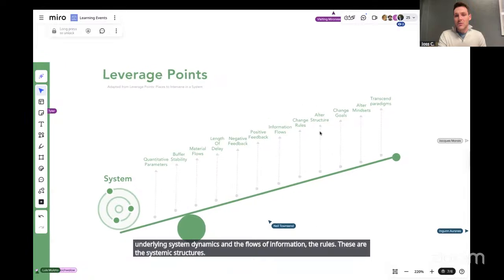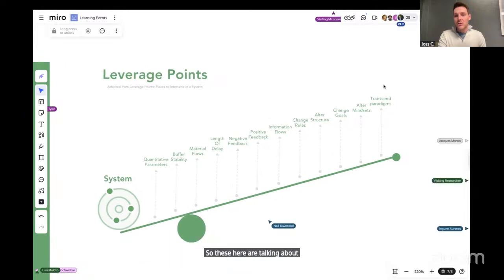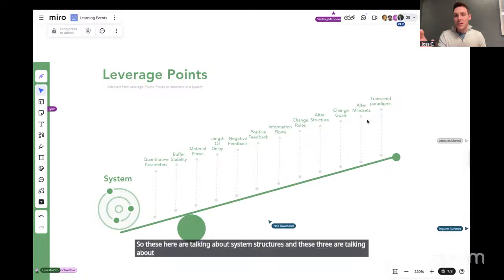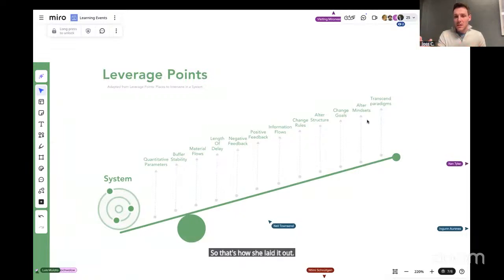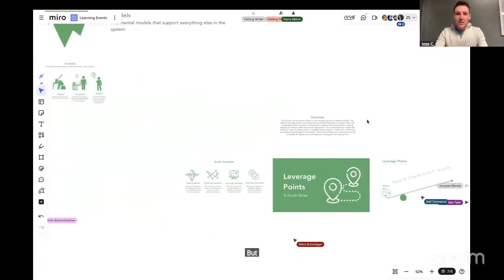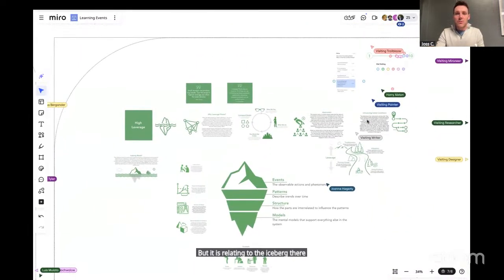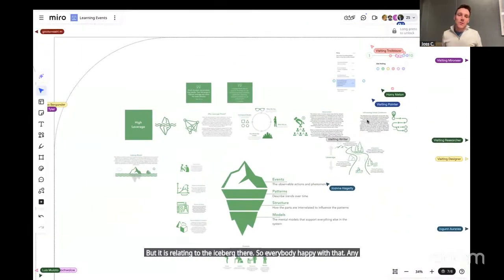So these here are talking about system structures, and these three are talking about paradigms, mental models, the goals of the system, and transcending paradigms, which is getting to values and so forth. So that's how she laid it out in this very specific way, and it is relating to the iceberg there. So everybody happy with that? Any questions before we move on to a little activity?